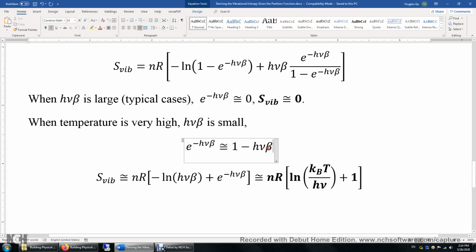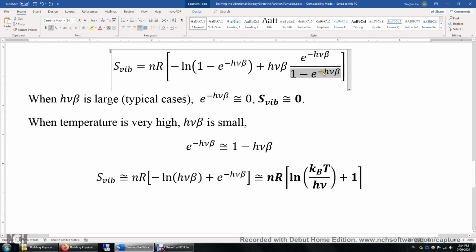And after we do that, we can plug in this equation in here, and also in here. If we do that, we can simplify the expression for vibrational entropy. So first, let's replace this exponential function with 1 minus h nu beta here. Therefore, we have just this logarithm of h nu beta. And we can plug this equation in here.